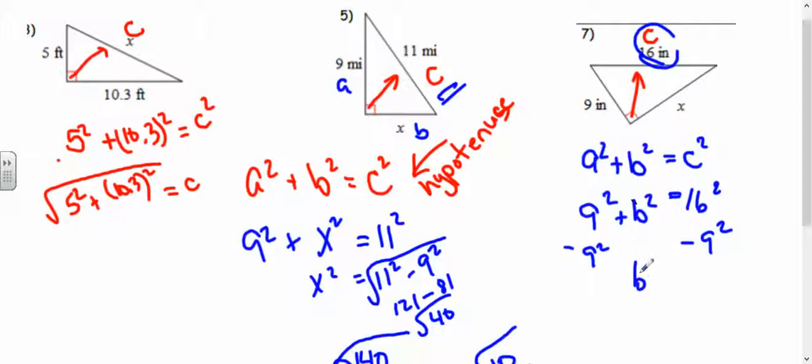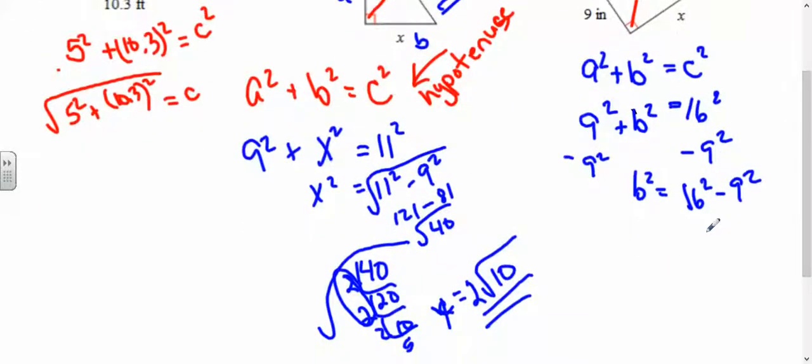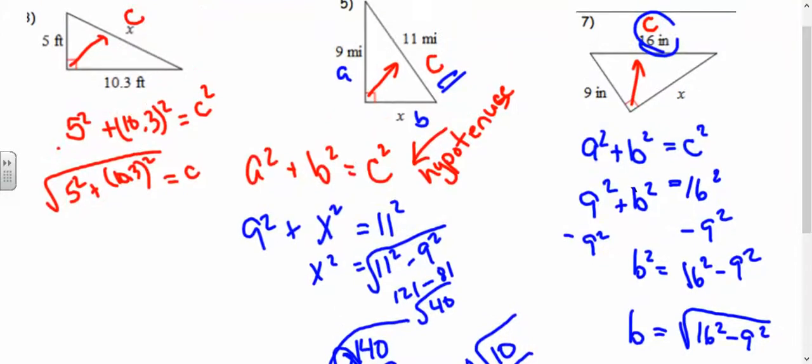So I have b squared equals this 16 squared minus 9 squared, okay? And then we can just take the square root of both sides, which gives us b equals whatever this number comes out to, all right? So you would take 16 squared, subtract 81 from it, and take the square root. So that's just a little overview and a little reminder of Pythagorean theorem.